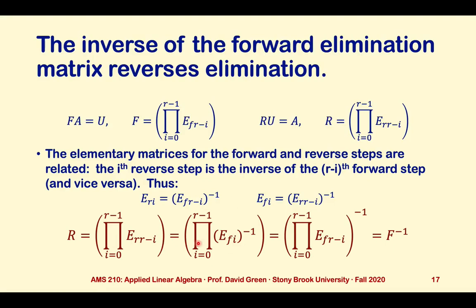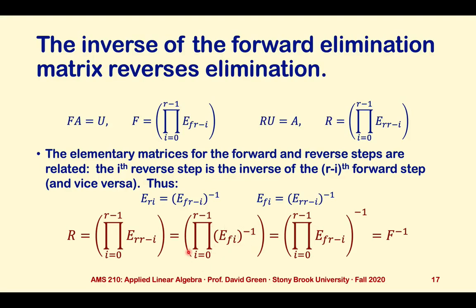This product counts forwards from 1, 2, 3, and so on. Actually, this should be I to R, not R minus 1, but I will correct that.